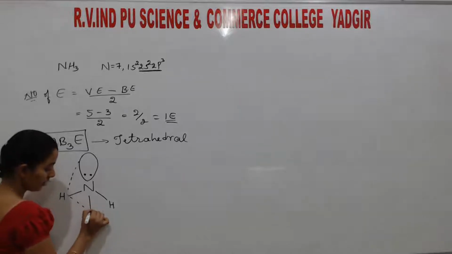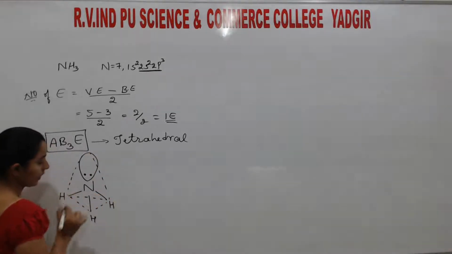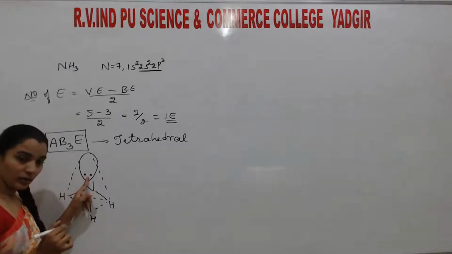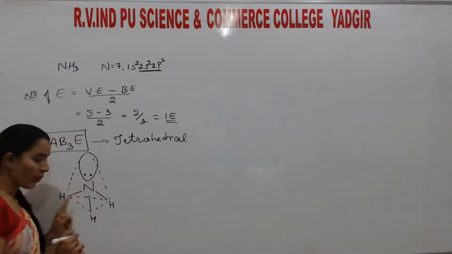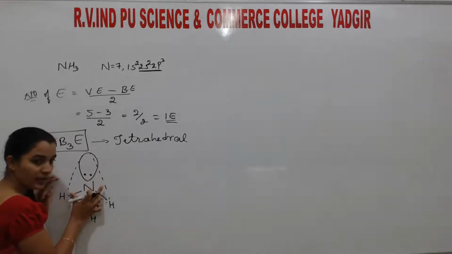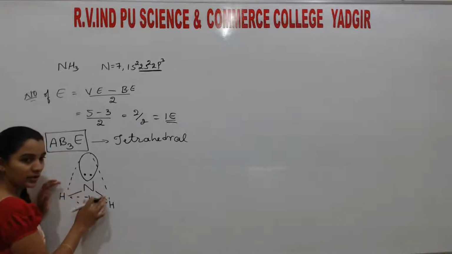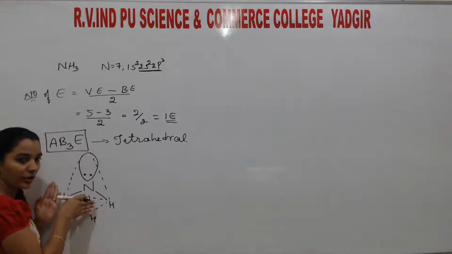This is a tetrahedral structure. Here 1 lone pair and 3 bond pairs are there, and there is a repulsion between the lone pair and the bond pairs, so the molecule is distorted.